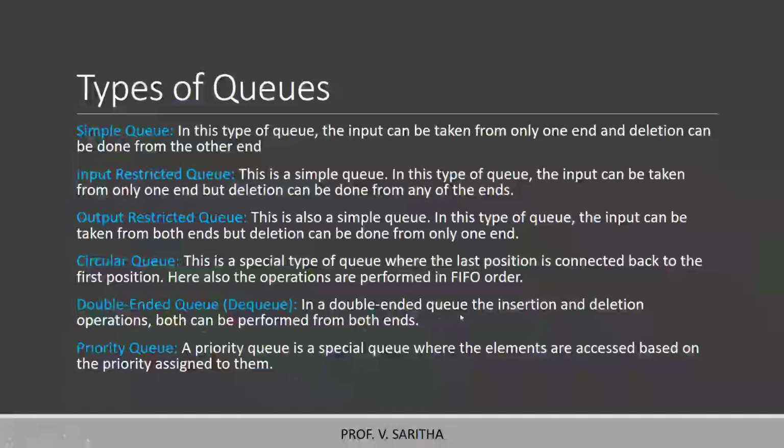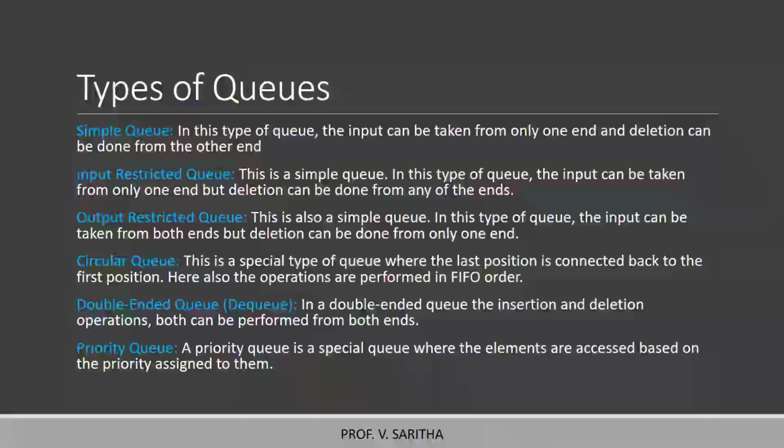In a double-ended queue, the insertion and deletion operations can both be performed from both ends. In the case of a simple queue, you do insertion from only one end and deletion at the other end. But in a double-ended queue, from both sides you can do insertion, and from both sides you can perform deletion.